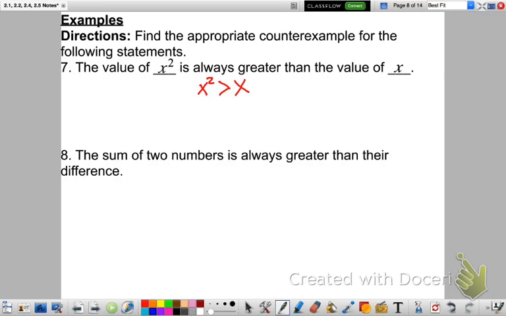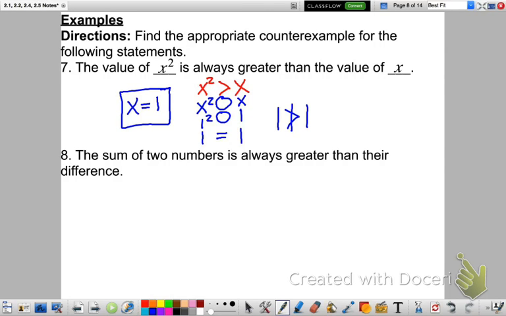So, what if x is 1? Well, x squared is 1 squared, which is 1. What's the relationship between x, or 1, and 1? They are equal. 1 is not greater than 1, so x equals 1 is a counterexample.